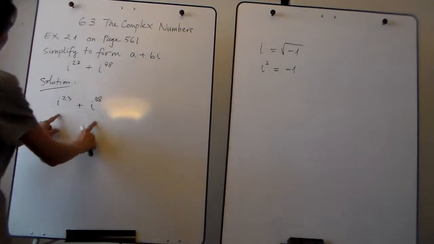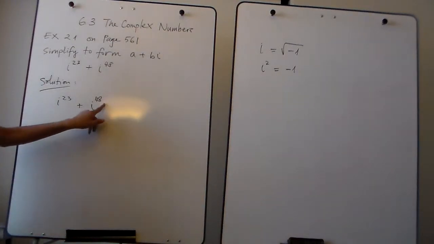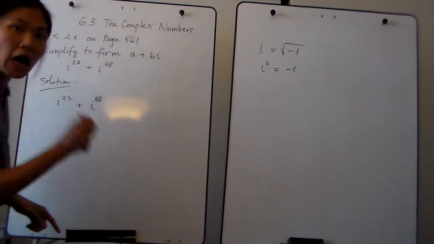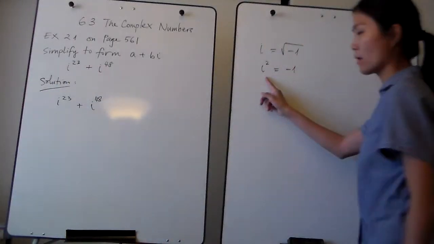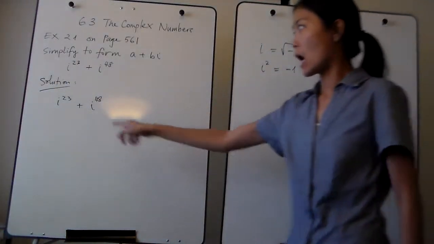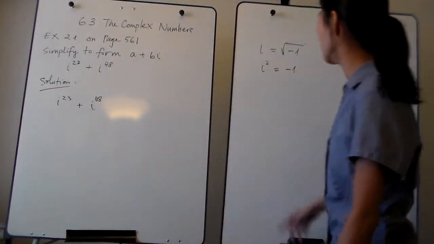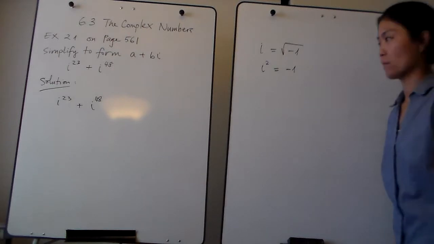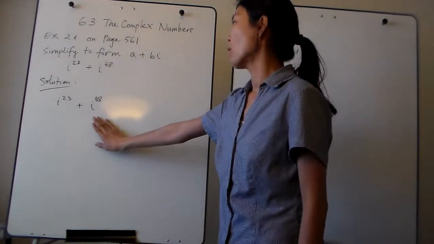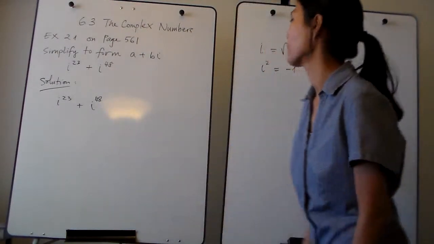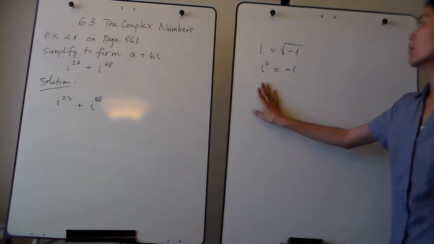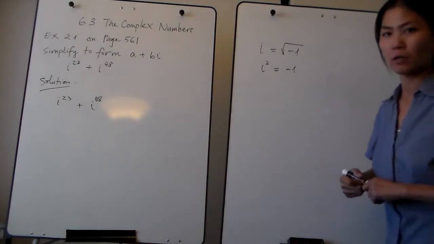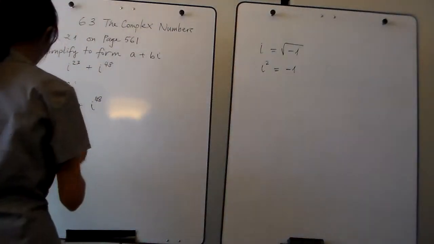To simplify the two, i to the 23rd and i to the 48th, we will write each in terms of the i we know, which is i squared. We're rewriting i to the 23rd in terms of i squared, and then we can use the value -1. Similarly, we will rewrite i to the 48th in terms of i squared, so that we can use -1 for i squared.